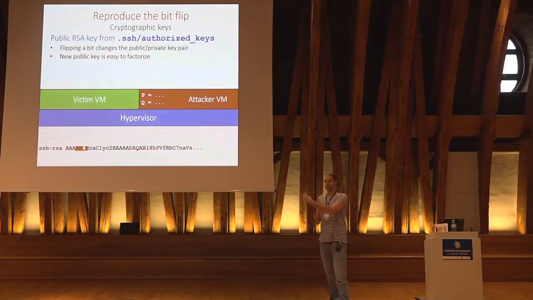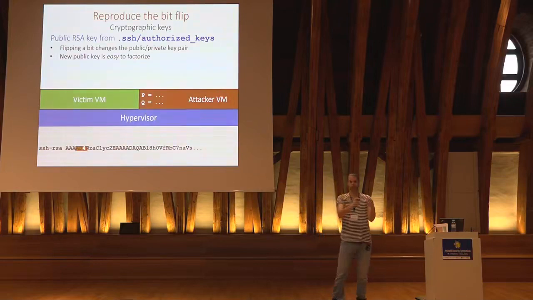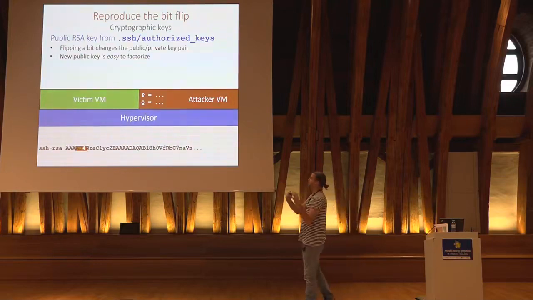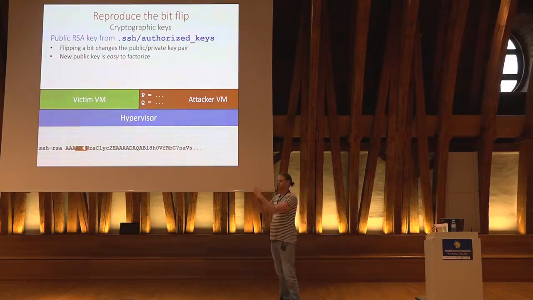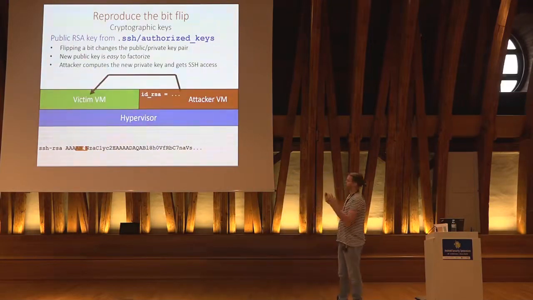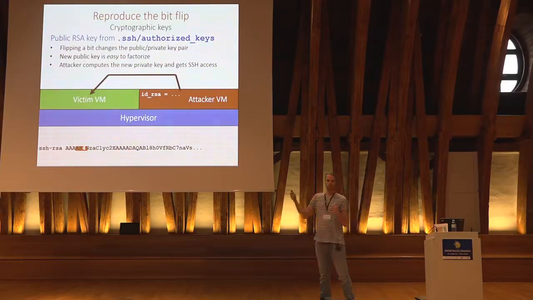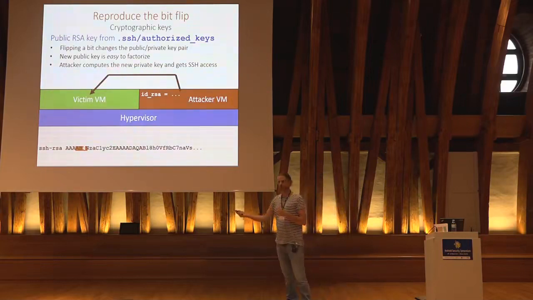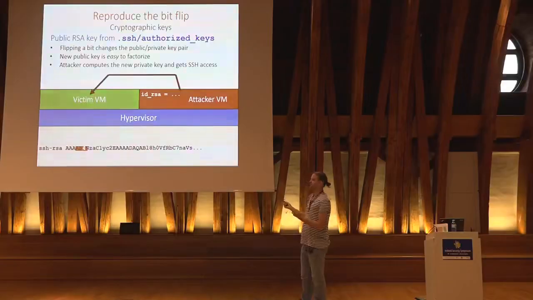One of the properties of this is that, given this one big multiplied number, it's very hard to go back to P and Q. However, if you flip a bit in that number, then all of a sudden it turns out that in many cases it is very easy to go back to P and Q and a couple more numbers. So the attacker, after he flips a bit in the public key, can compute the new private key that belongs to this public key, and then he can use this new private key to log in via SSH to the machine.